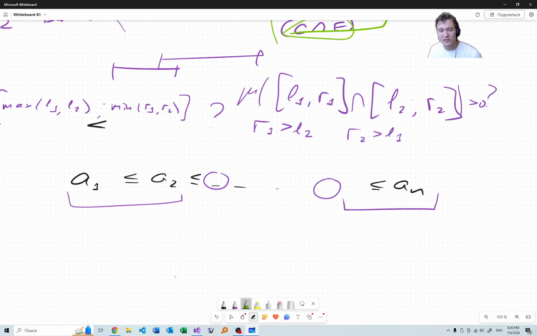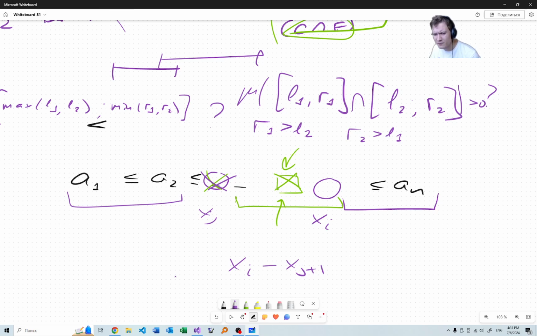And assume that you, for some reason, removed something from here. Well, in this case, you were suboptimal, because instead of removing this element, you could keep it and instead remove this element. This would, in the best case scenario, decrease the difference, because it was xi minus xj, and now it's xi minus xj plus something, because this element is removed.